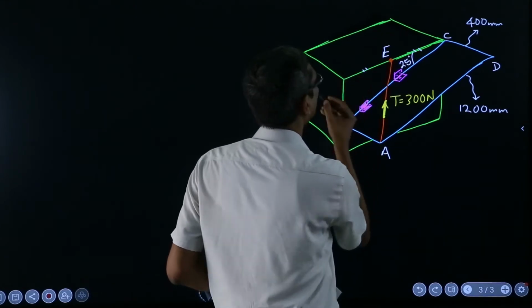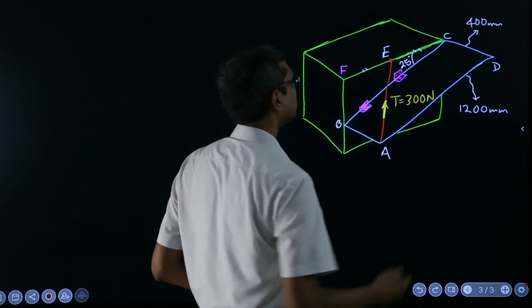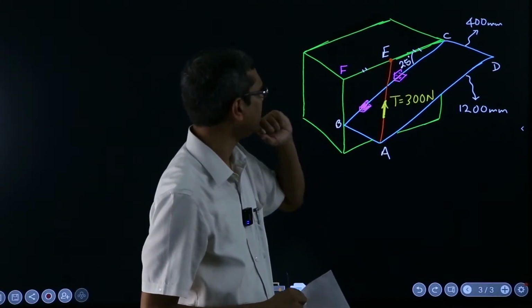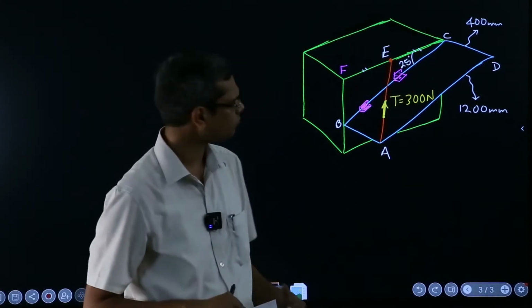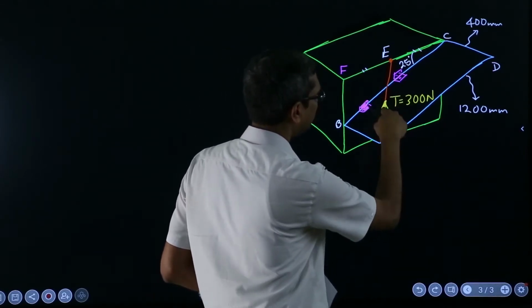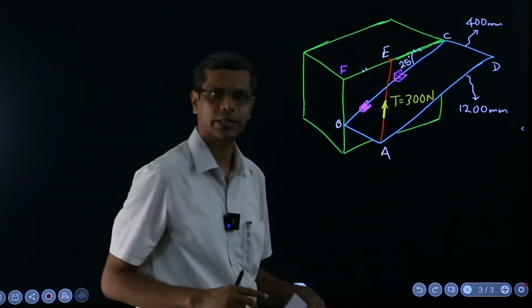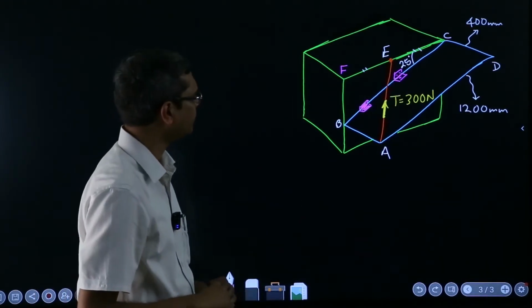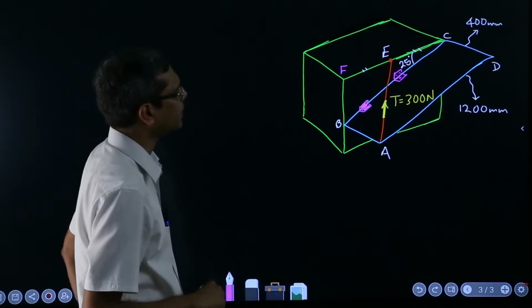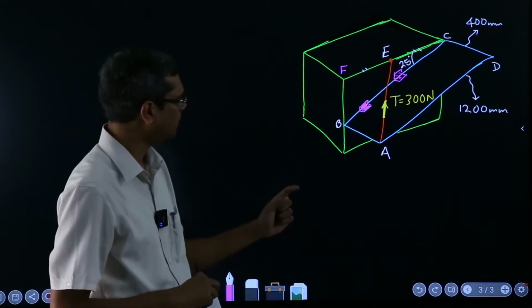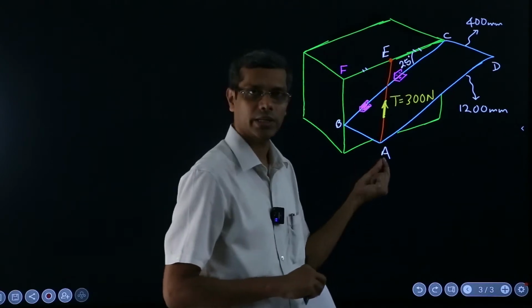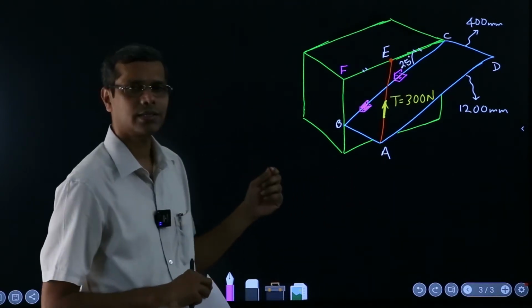Maybe I can say CF, whatever is the length; at the midpoint of that, this string is connected. And it is also known that a tension of 300 Newton is existing on this string. And the question asks us to represent this tension as seen by the point A, as a vector form.